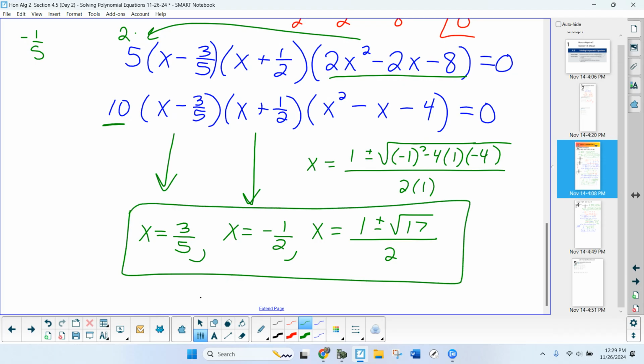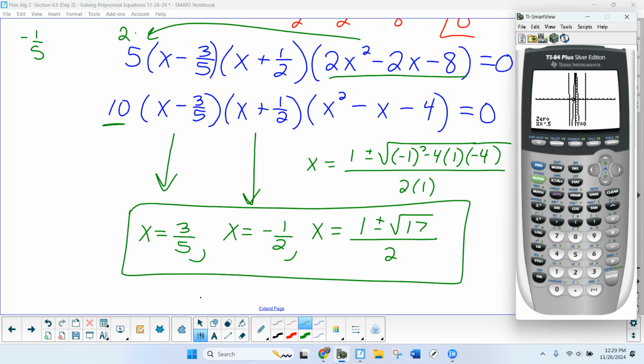There's your 4 solutions. I want to show you something kind of cool. This is huge, right? Guess what we're going to do next week after break? Make them imaginary, okay? Now, watch. If I take my calculator and I do 1 plus the square root of 17 divided by 2, I get 2.56. Remember that number, 2.56.